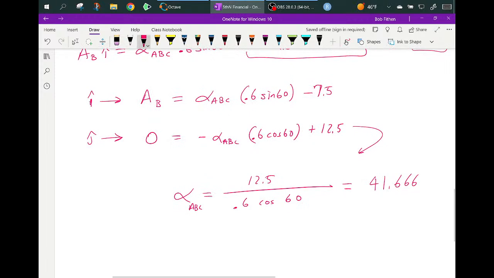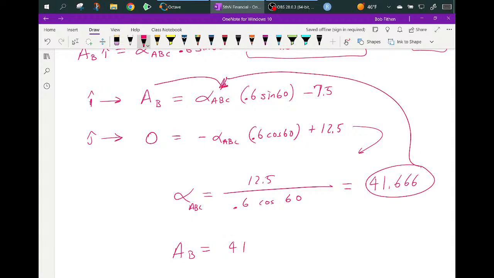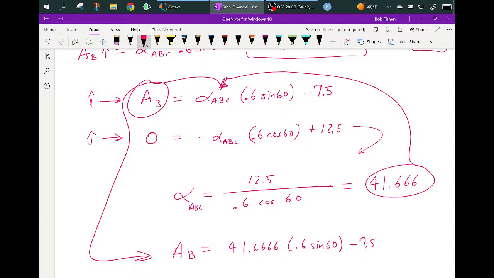Then I'll be able to take the AB equaling to this 41, because I'm going to take the 41 and stick it back in here. Then I'm going to take this equation and put it right there. 41.6666 times 0.6 sine of 60 minus 7.5.